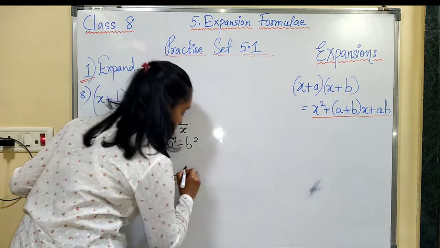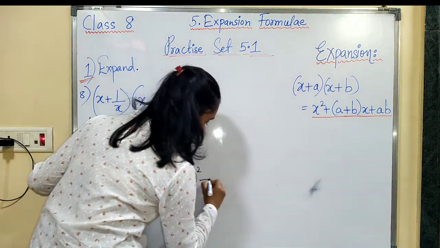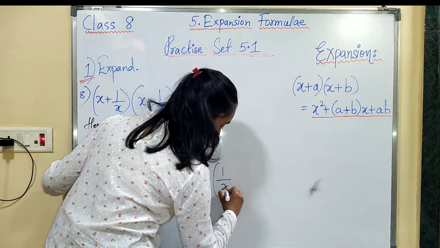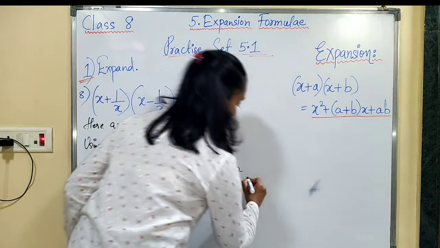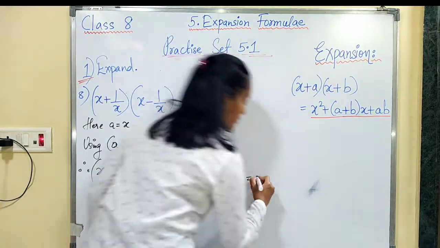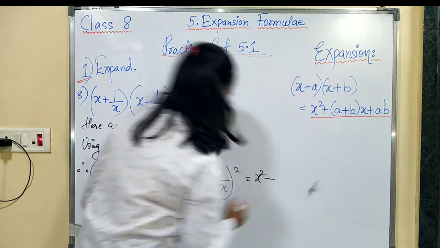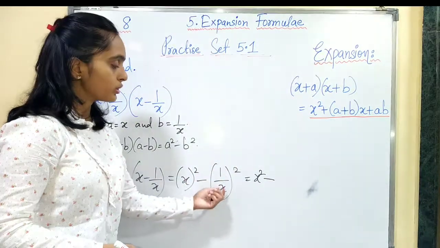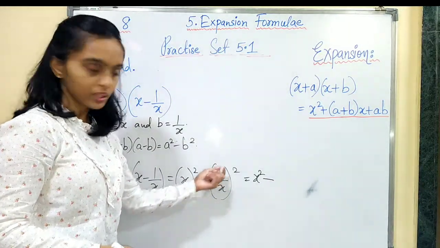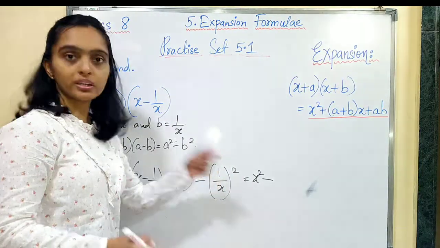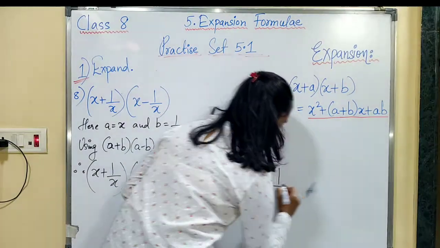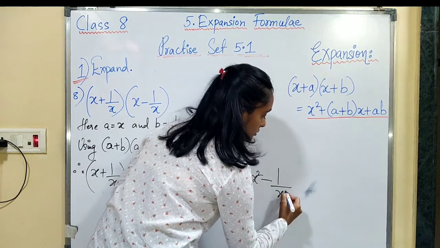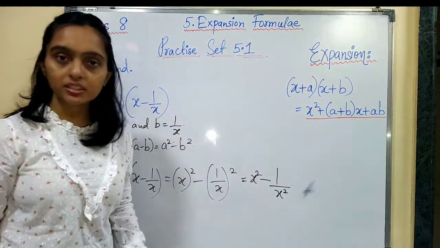So a is your x square minus (1 upon x) the whole square. So x square is x square, minus (1 upon x) the whole square means 1 square and x square. So 1 square is 1 only, 1 upon x square. This will be our final answer.